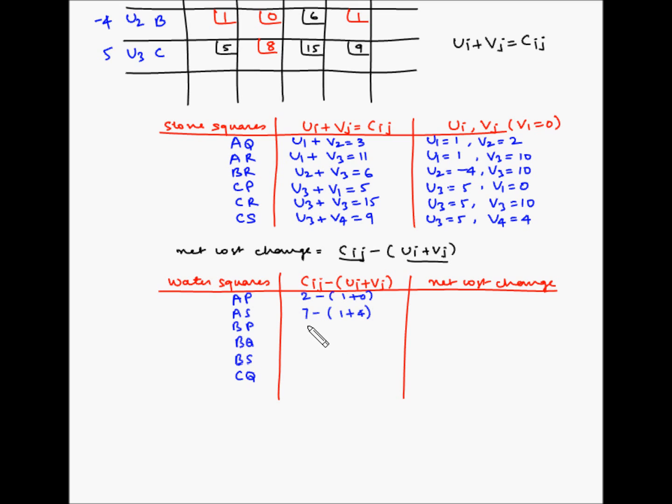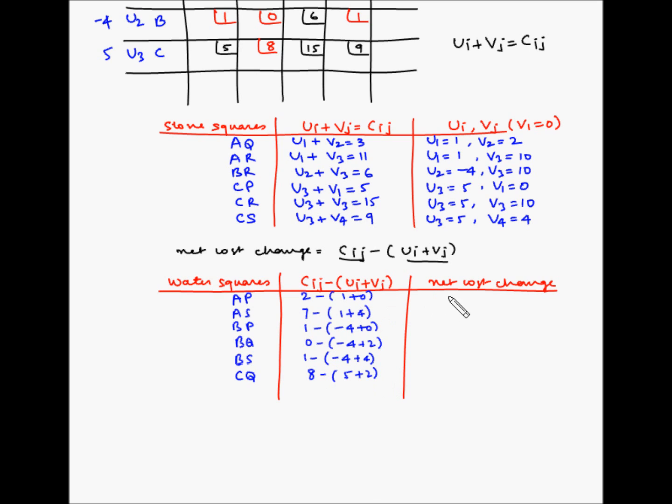For BP it is 1 minus 4 plus 0. For BQ 0 minus 4 plus 2. For BS 1 minus 4 plus 4. For CQ 8 minus 5 plus 2.